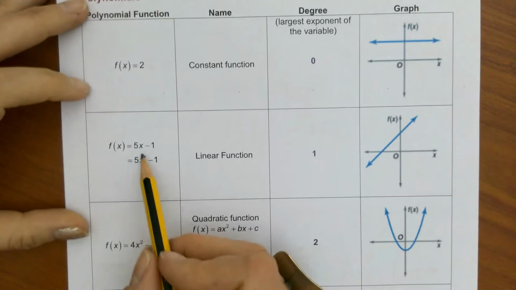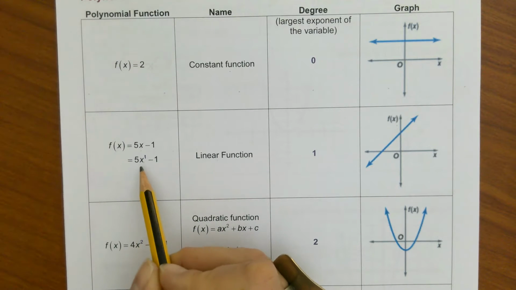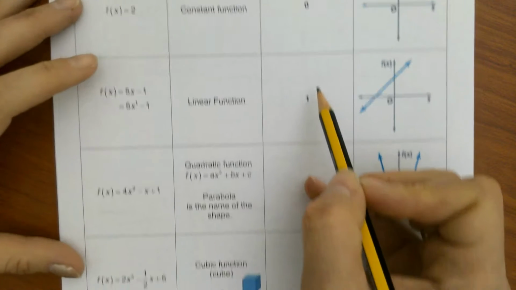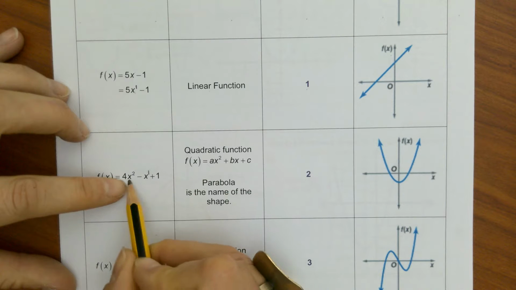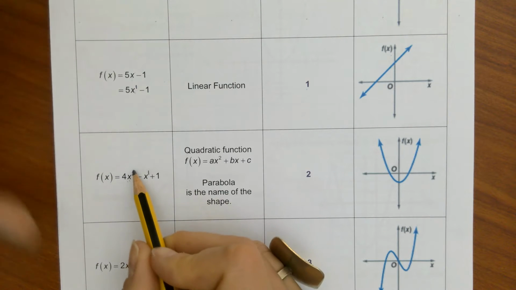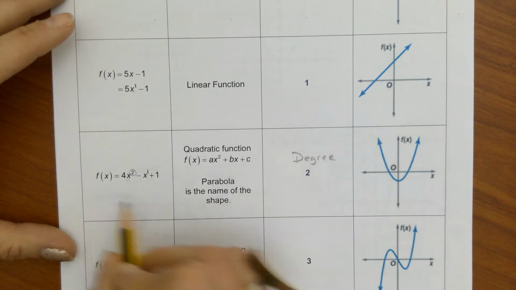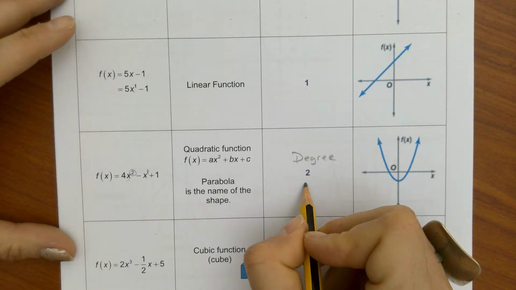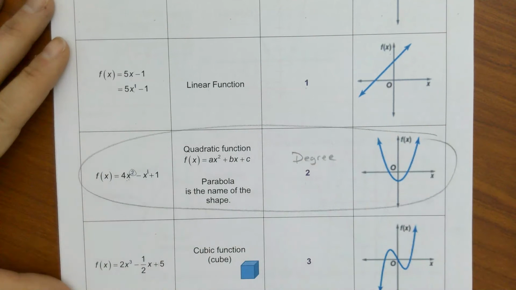So here's the variable x, the biggest exponent is 1, so the degree is 1. But now I have two x terms, with a 1 and a 2, and I ask what's the biggest exponent? Well, 2 is the biggest exponent, so the degree of this function is 2. Okay, and these are the functions we're going to talk about in this book.